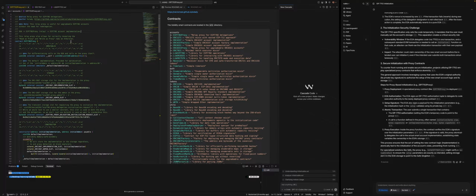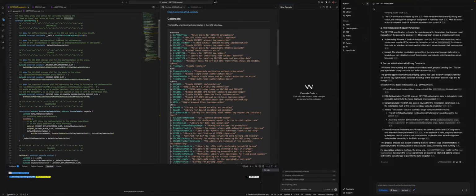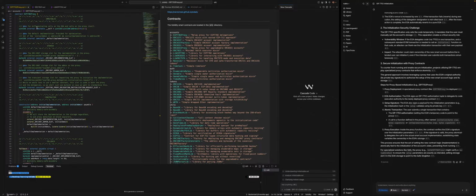The relay proxy also allows for differentiating calls on the EOA and calls on the proxy.